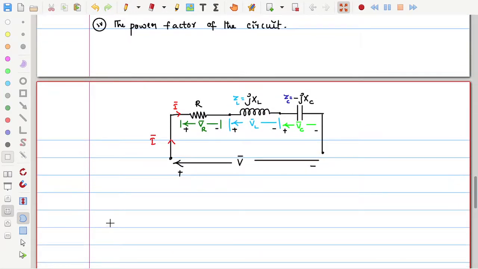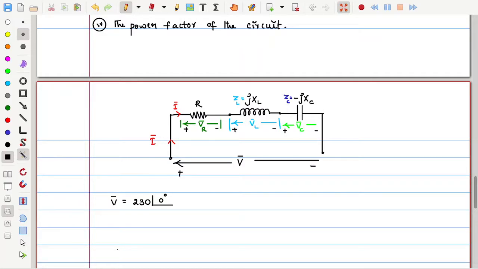Now what is given is the voltage, which is connected across this entire RLC circuit. Let me write the given thing as V bar is equal to, it has magnitude and angle. How much is the magnitude? 230 volts. Then the angle, if it is not given, you choose as 0 degree. This is the standard procedure: if current is given, we take current itself as a reference. If voltage is given, we can take voltage itself as a reference.